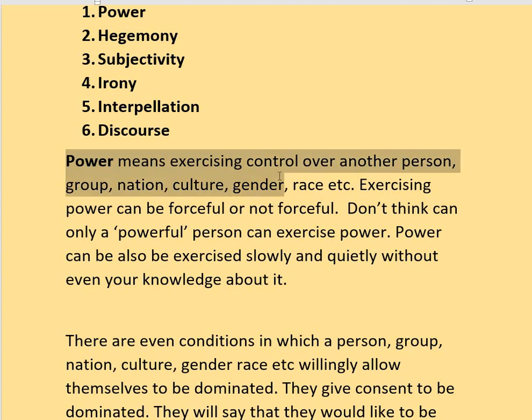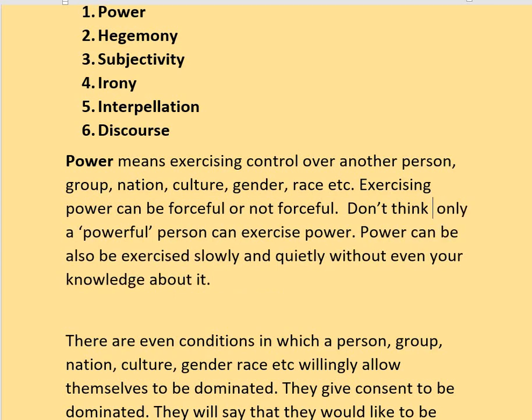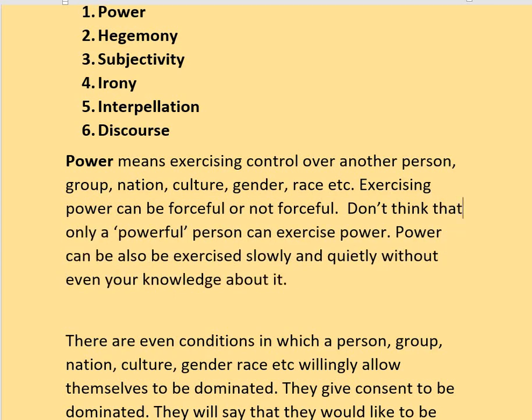Power means exercising control over one person, group, nation, culture, gender, race, etc. Exercising power can be forceful or not forceful. Don't think that only a powerful person can exercise power.